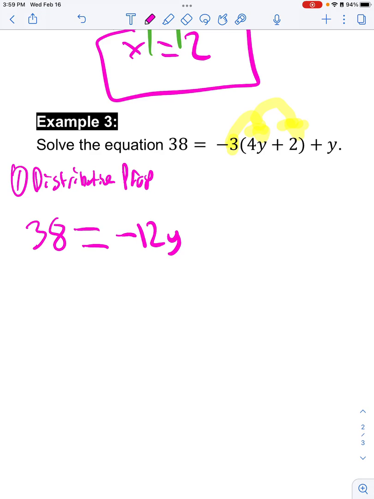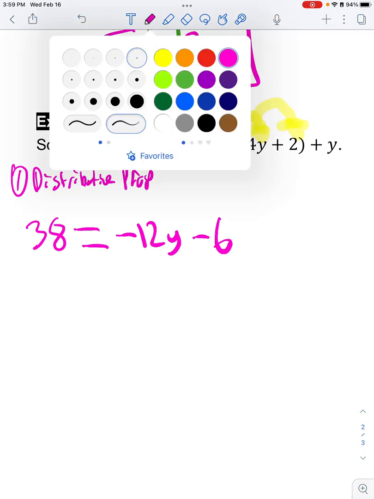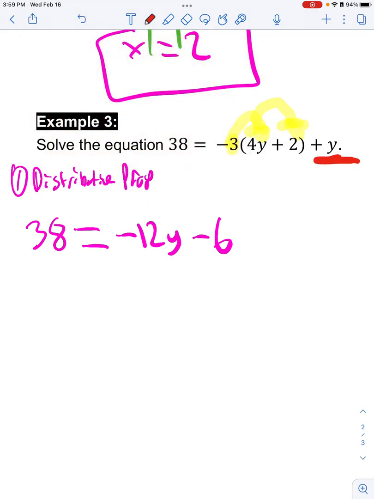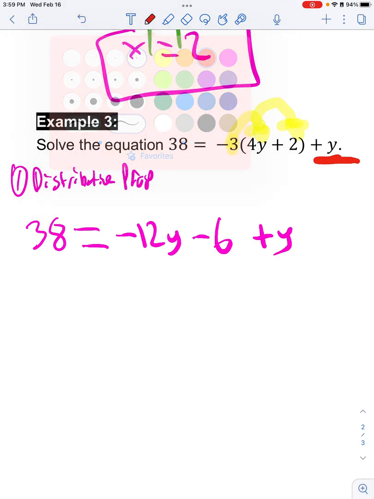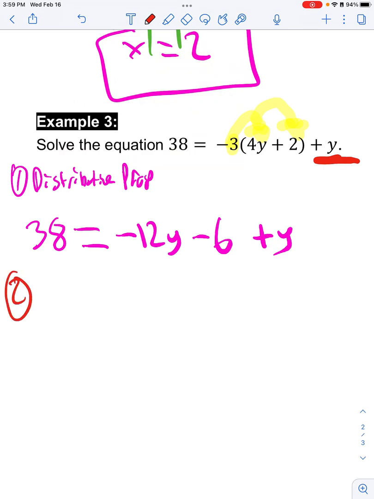So 38 equals negative 3 times 4y. Negative times a positive is a negative. Negative 3 times positive 2 is negative 6. And then we can't forget about this additional term afterwards. We still have plus y at the end. So now I'm going to combine like terms.